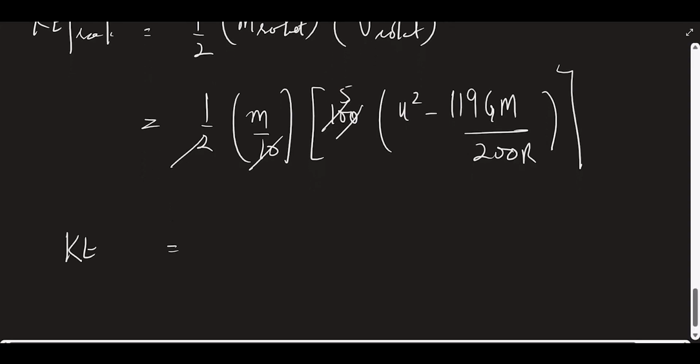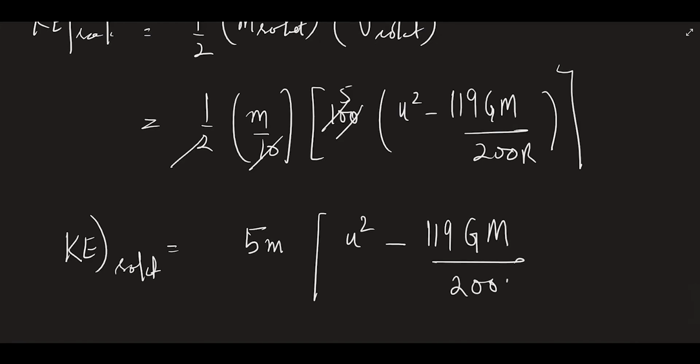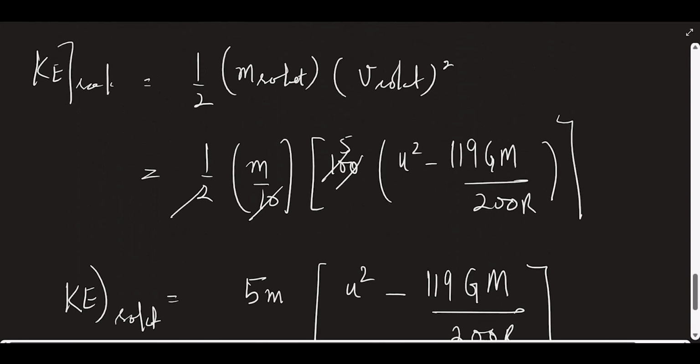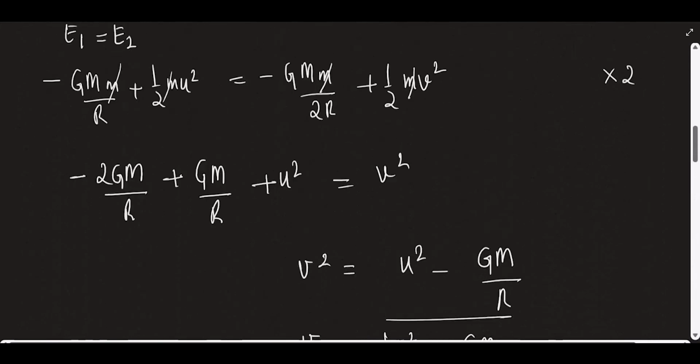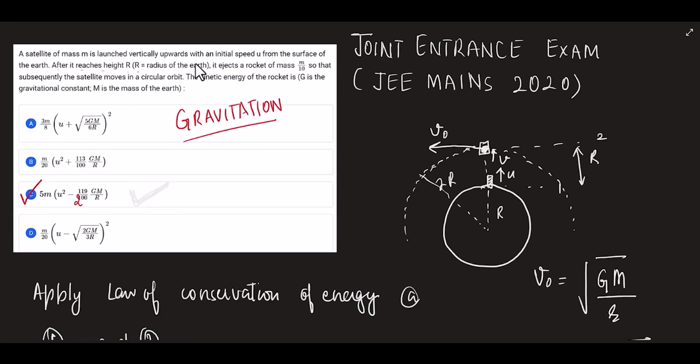From here the kinetic energy of the rocket is 5m times u square minus 119 GM by 200 r. And if you go to your options, we will see this is our option C. I have corrected it a little bit, they have mentioned it wrong. So that's it. Thank you.